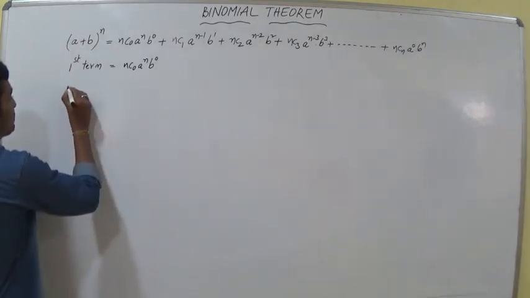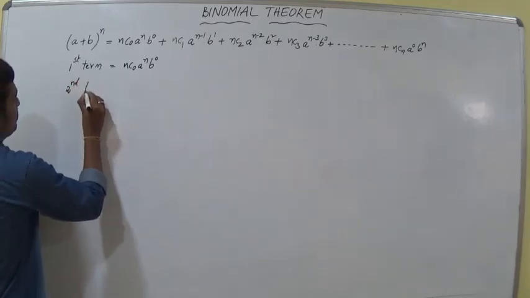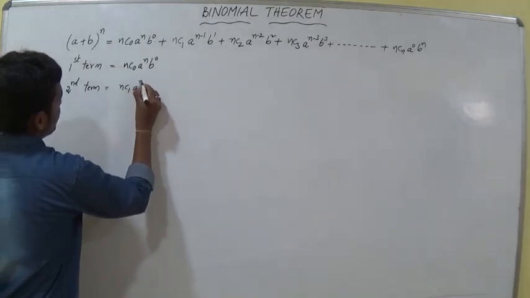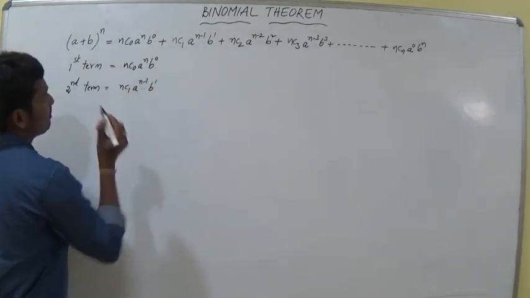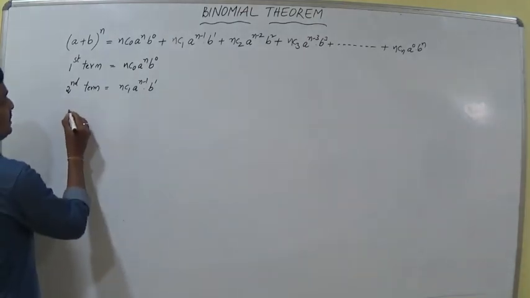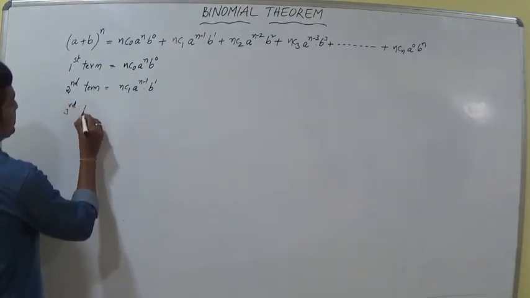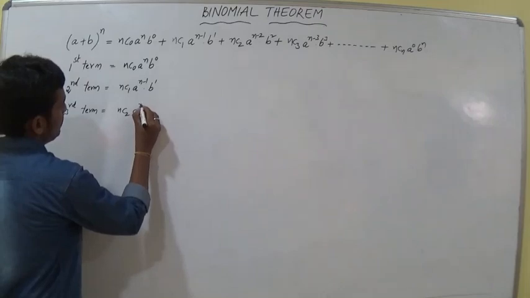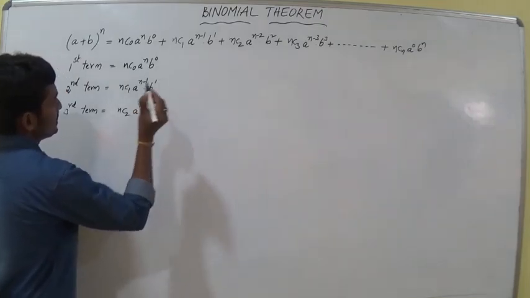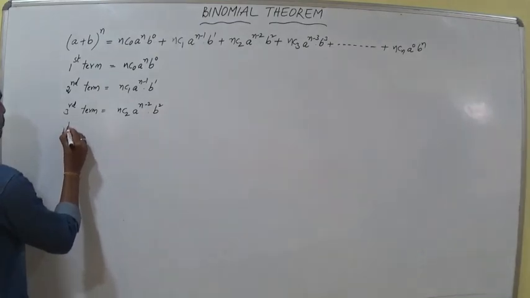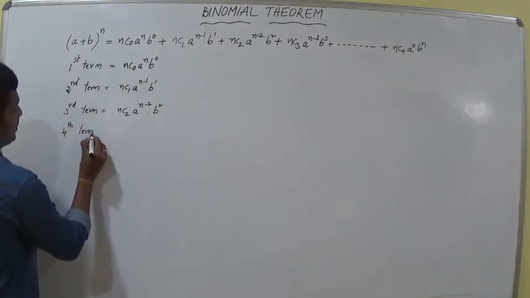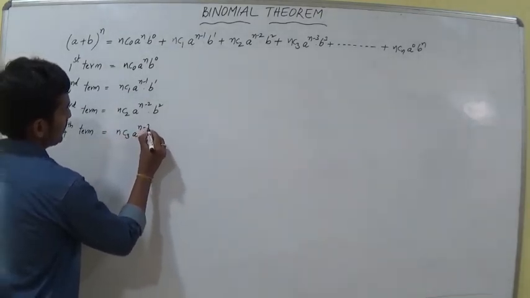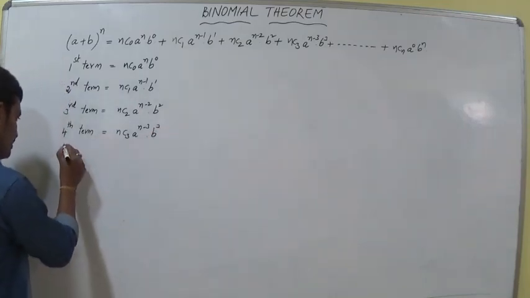For example, the second term is nC1 a power n minus 1 into b power 1, and the third term is nC2 a power n minus 2 into b square. In the same way, the fourth term is nC3 a power n minus 3 into b cube and so on.